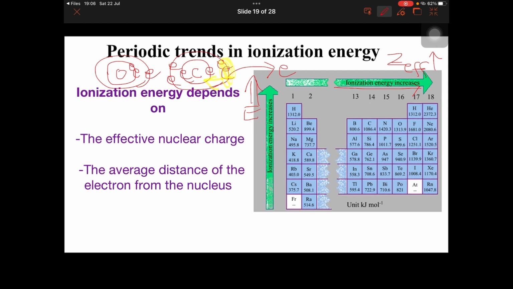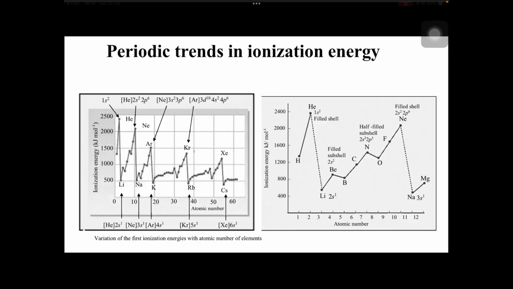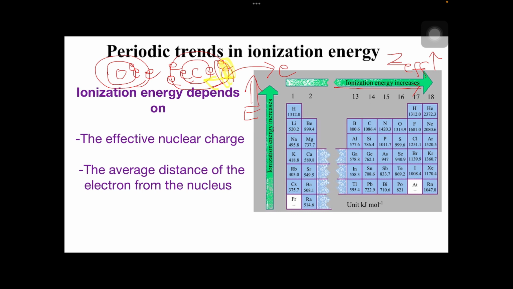So the more these electrons are attracted towards the nucleus, the harder it is to take them off from the valence shell. Therefore more energy should be provided. So since effective nuclear charge increases across a period, ionization energy also increases.